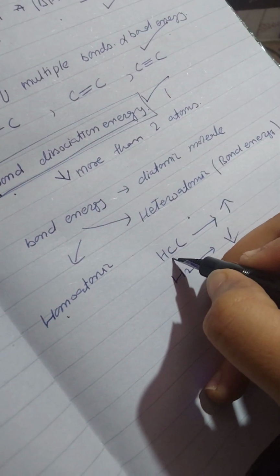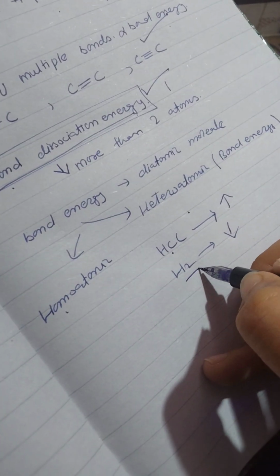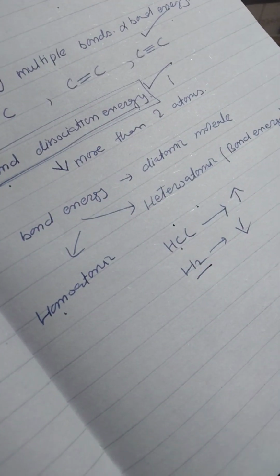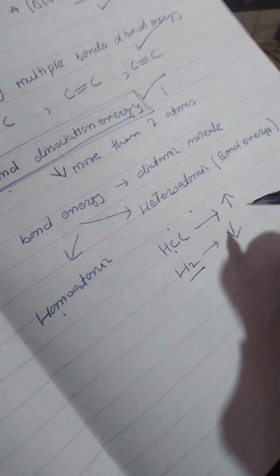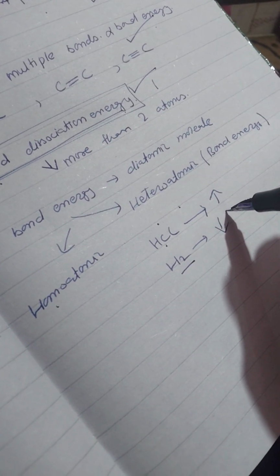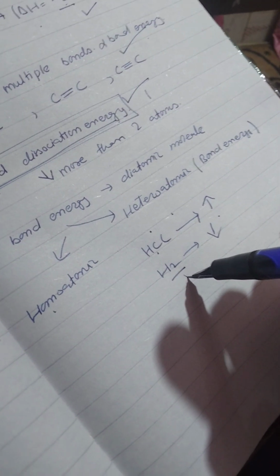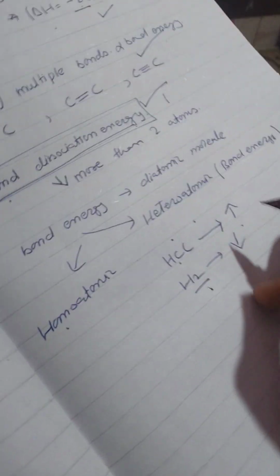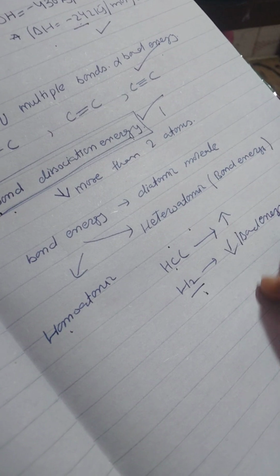It also depends upon the size too. Here there is no electronegativity difference, but here there is. So it depends upon the polarity, the ionic character, right? So heteroatomic molecules have higher bond energy and homoatomic molecules have lower bond energy, right? So I hope this is clear to you.